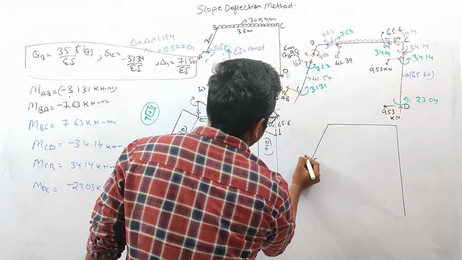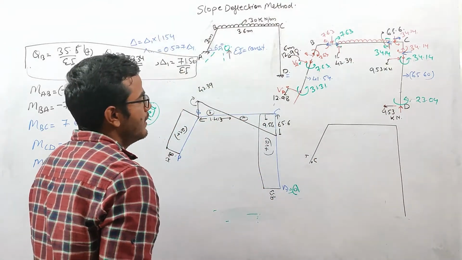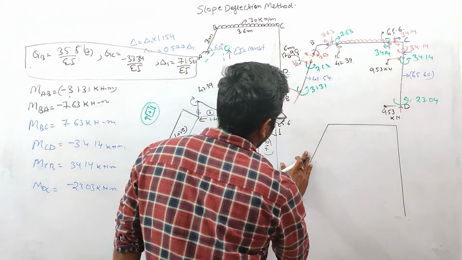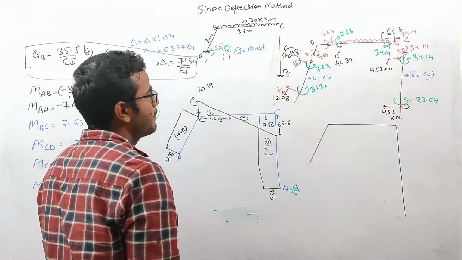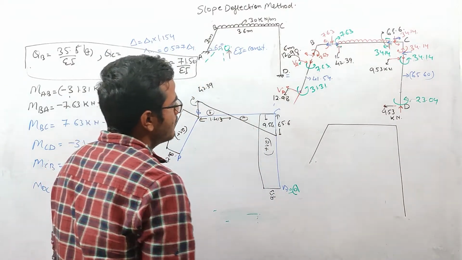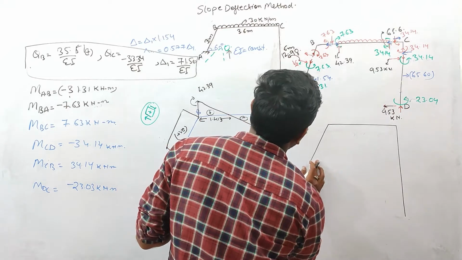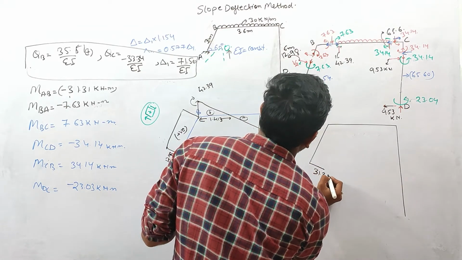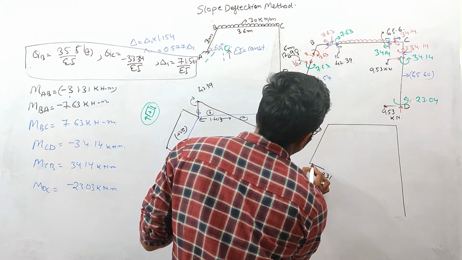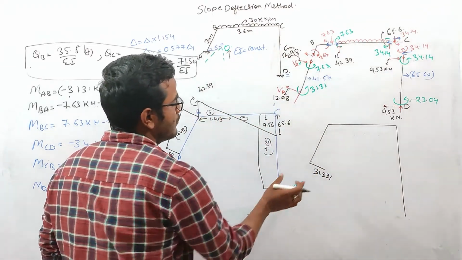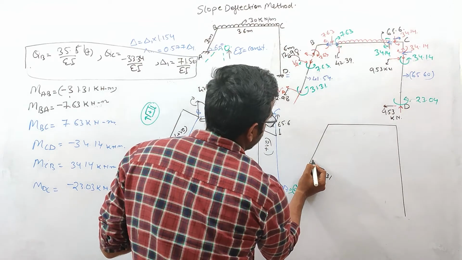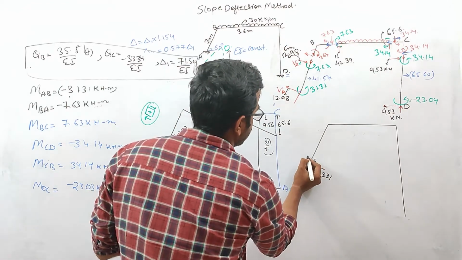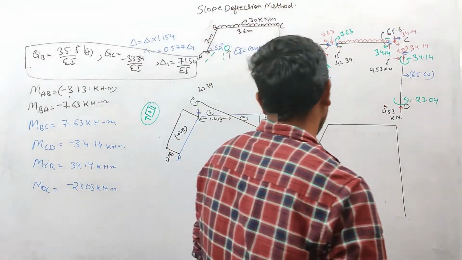This is compression, this is tension. And we know that the bending moment is plotted from the compression side. So the ordinate of the bending moment will start from here. This value is 31.31, which means the compression is on this face. This is compression, this is tension, right?